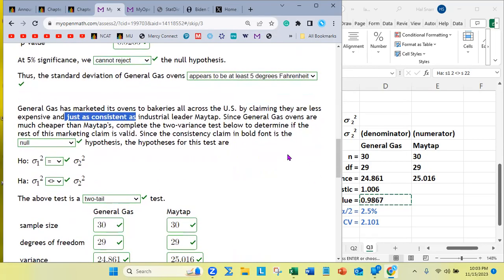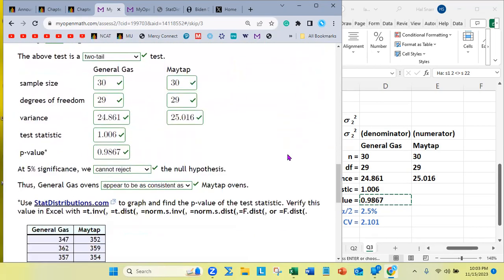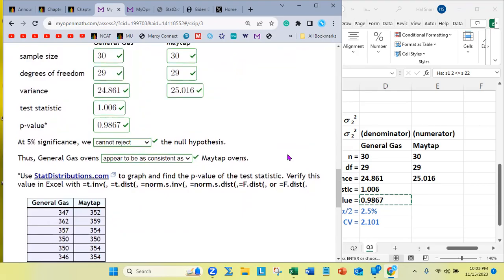However, we can say in our marketing that our ovens are cheaper and as consistent as the industrial leader Maytag, because the results indicate that our gas ovens are as consistent as Maytag's.